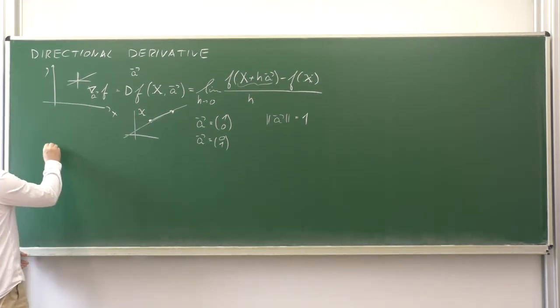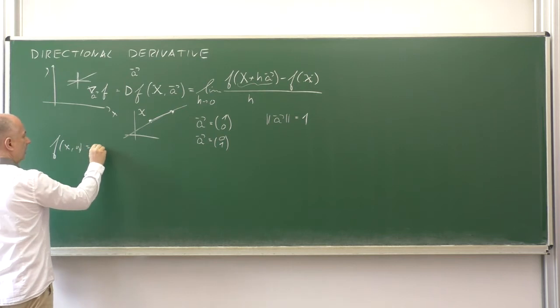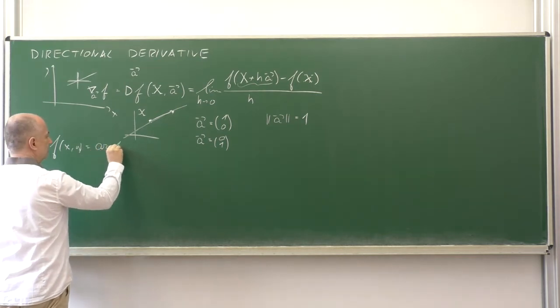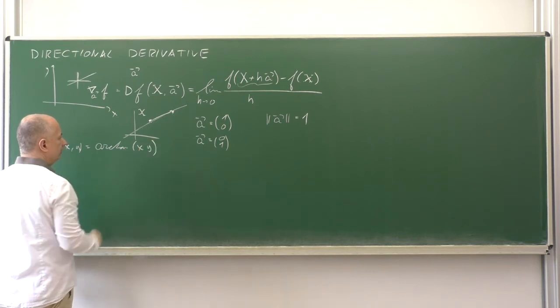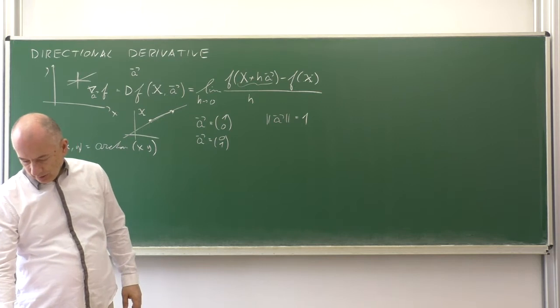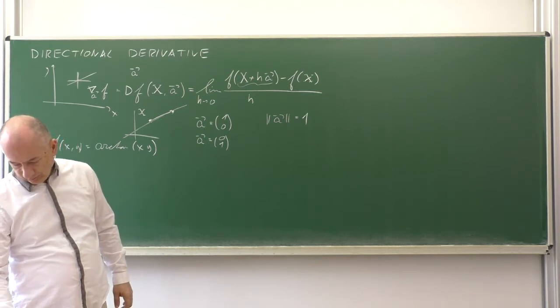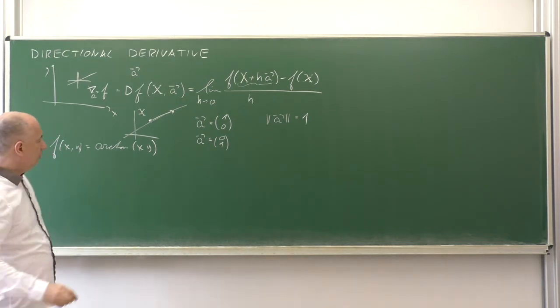So consider the function f of x, y being arctangent of the product x times y, and consider the point 1, 2.